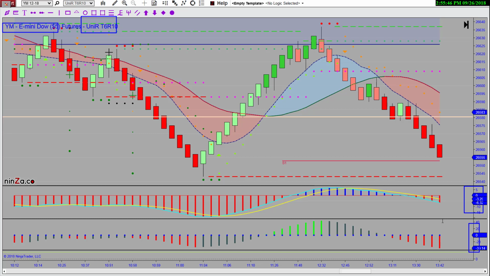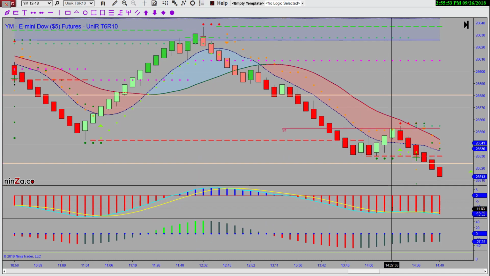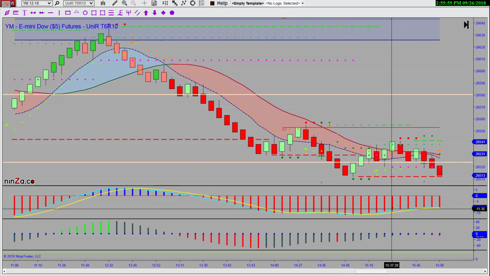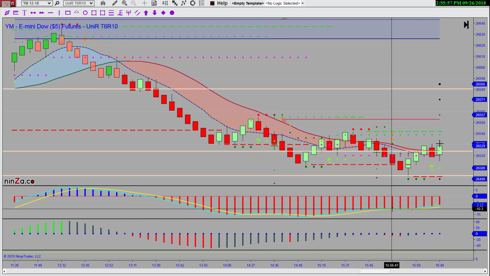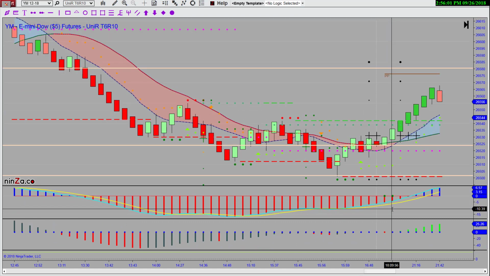Okay. Let's see what we got here. Are there any other indicators there that you see that I have not highlighted or talked about?